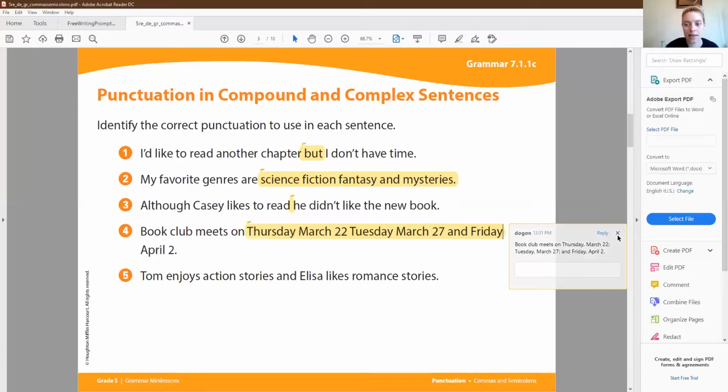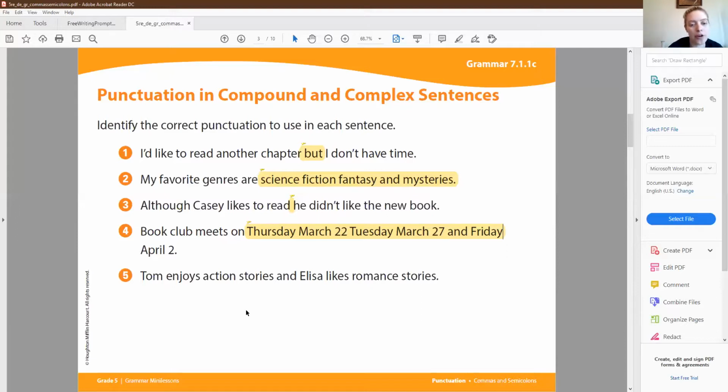Okay? And let's look at our last one. I want you to read number 5 on your own and see if you can figure out where that comma is going to go there. Okay, so let's look at 5. It says, "Tom enjoys action stories and Elisa likes romance stories."